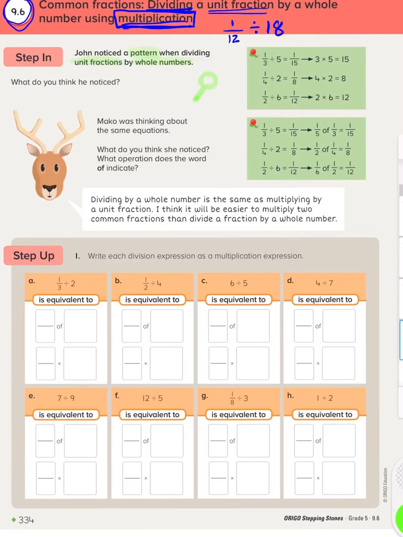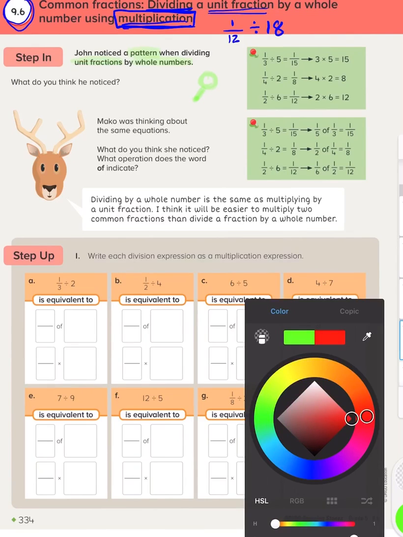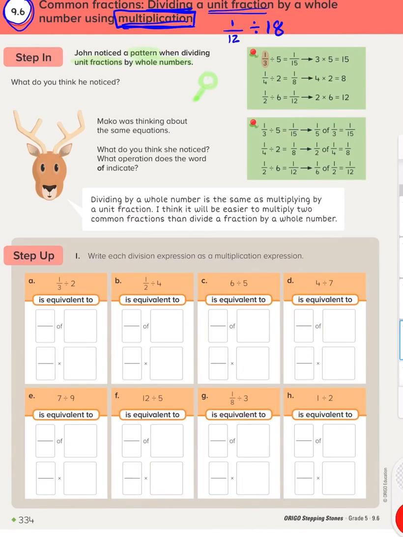Okay, so he was looking at this and he said, okay, 1/3 divided by 5 is the same thing as 1 over 15. He says, wait, 3 from the third times 5 is 15. So 3 times 5 gives me my answer, which is 15. So he's doing what we noticed yesterday, right?